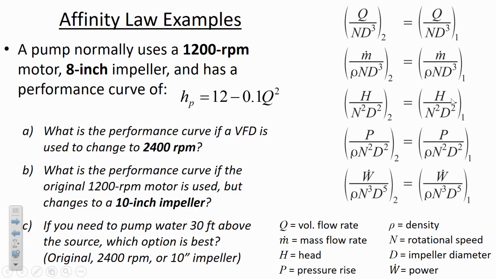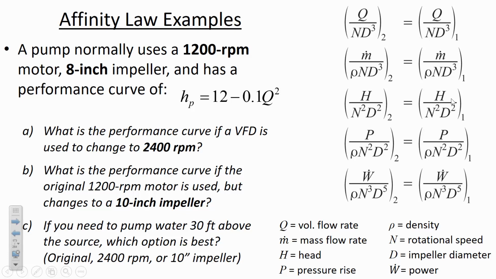And so what we do is substitute in these relationships between the first condition and the second condition. In other words, 0.25 H2 is what we've substituted in here for H1. And then we have 12 minus 0.1, and then we make the substitution 0.5 Q2 and square that. So we have to divide everything by 4 essentially.